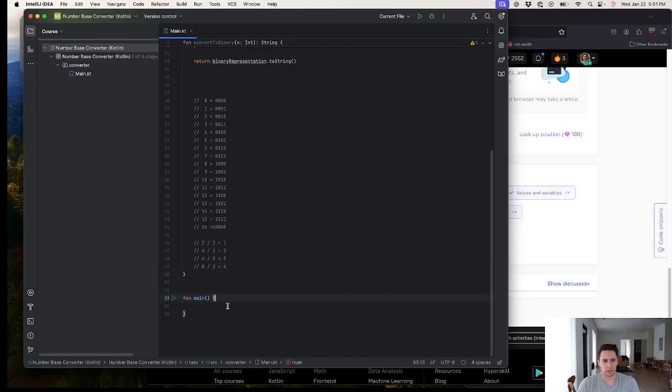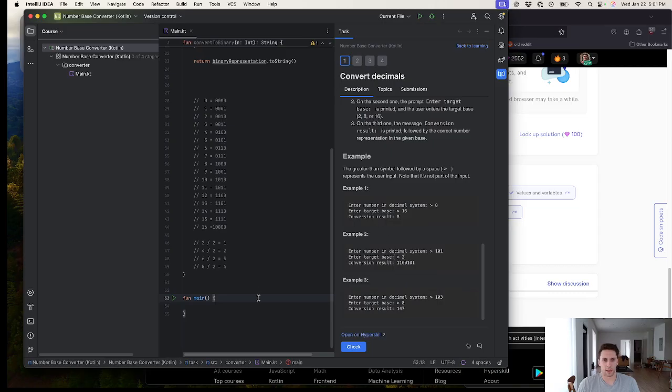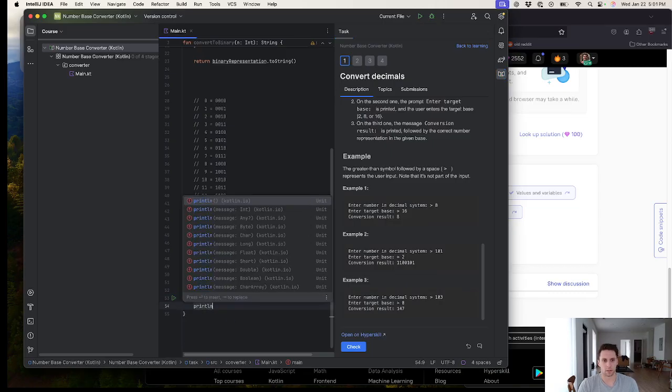Let's see if I can make this work. Let's throw a little print lines in there.